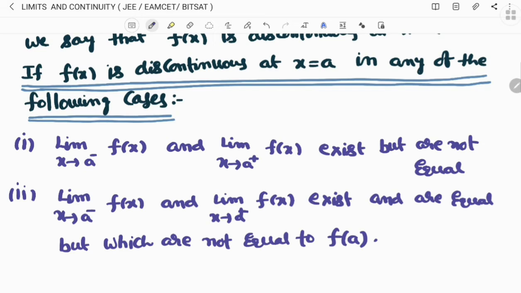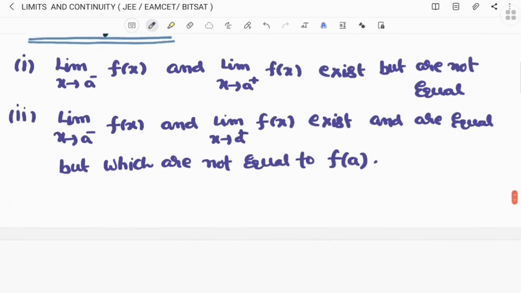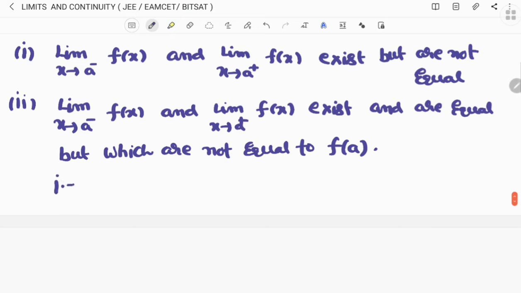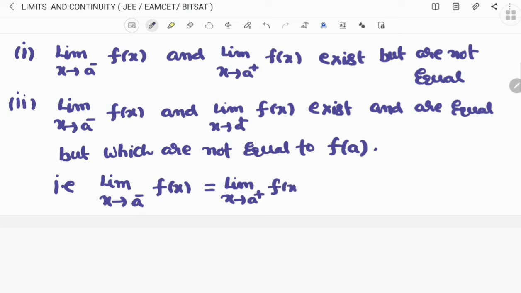So both left hand limit and right hand limit exist and are not equal to f of a. This is the second case. That means what is the possibility? The second case: limit x tends to a minus f of x is equal to limit x tends to a plus f of x, but should not be equal to f of a. This is the possibility.